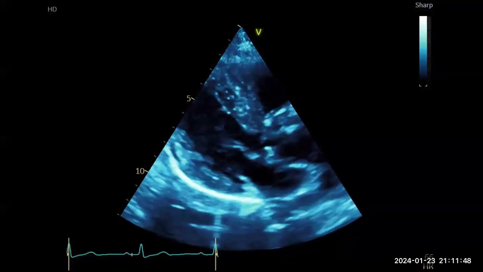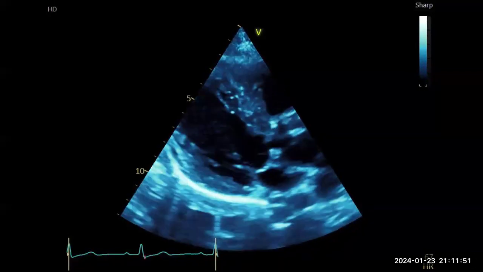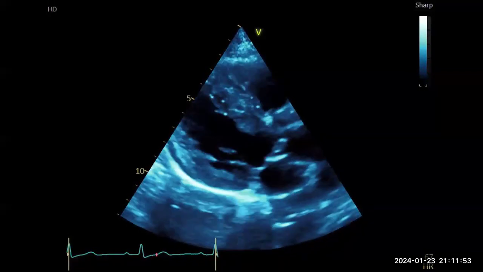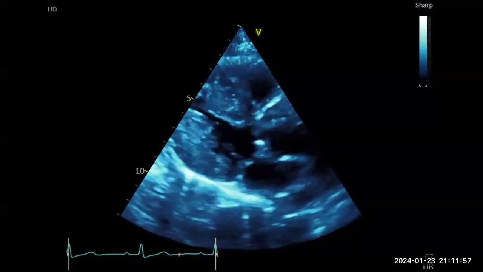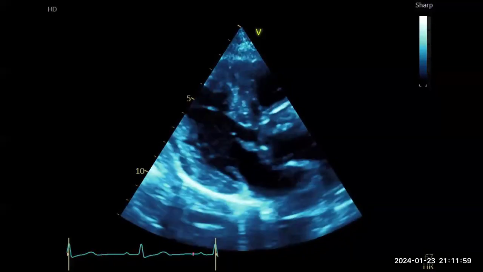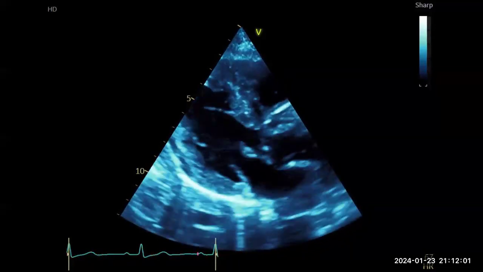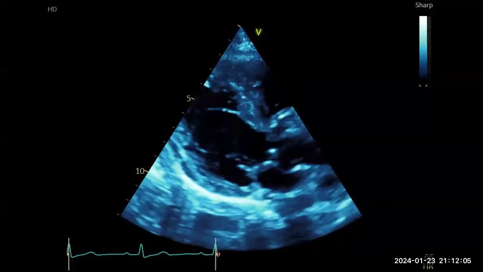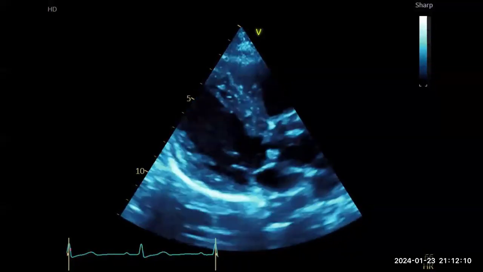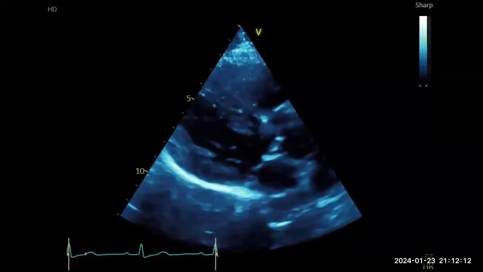We cannot comment on the opening, how good it is, because we still need more views. We need to see the color. Is there any flow acceleration, any turbulence across the valve? You might need to go over the short axis. But at least he mentioned the two significant findings here: the calcified aortic valve and the LVH. You have moderate LVH in this patient.